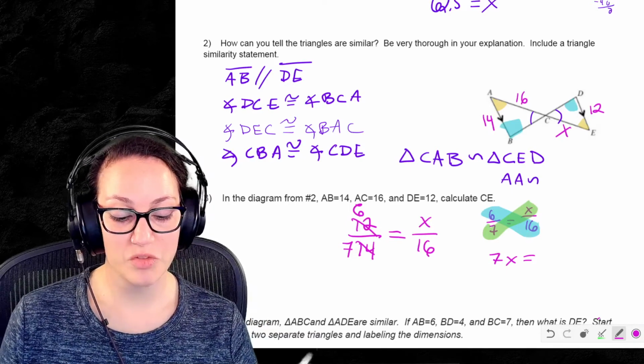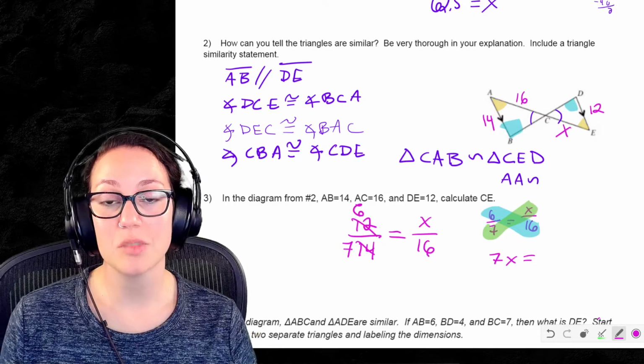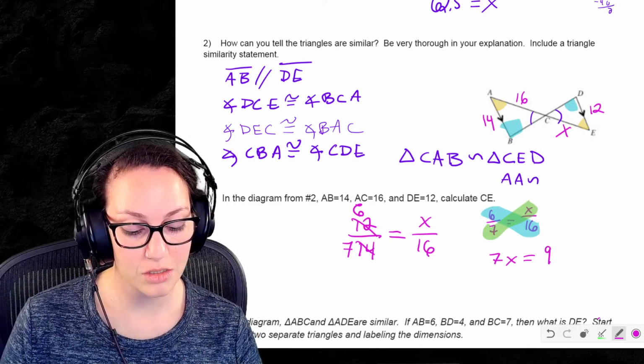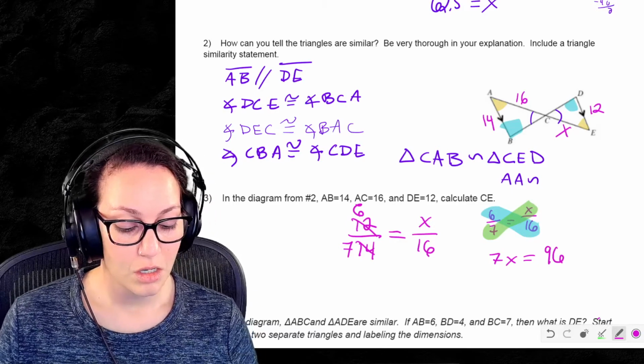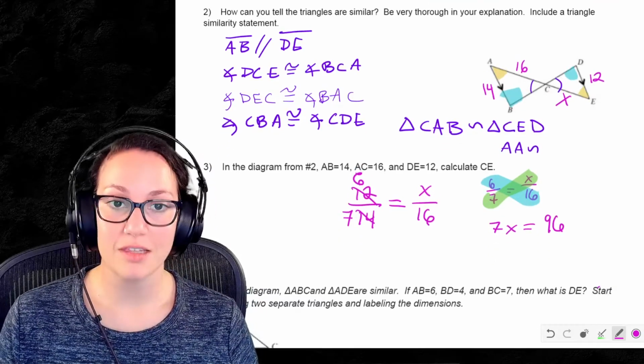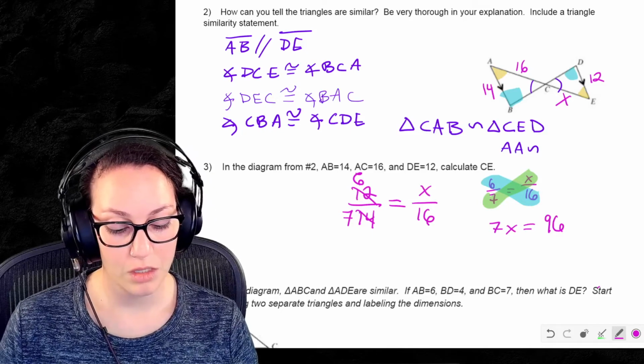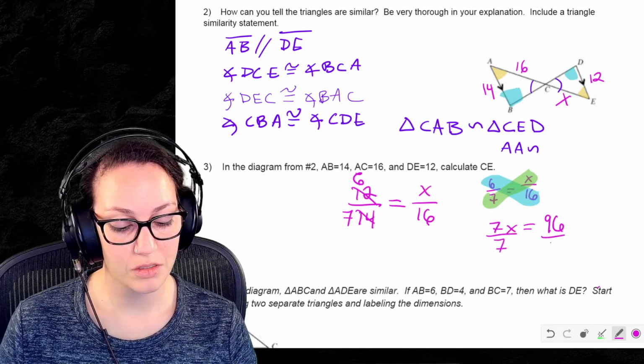So 6 times 6 is 36. 6 times 10 is 60. 36 and 60 is 96. Last but not least, we are going to divide by 7. So we can isolate x.